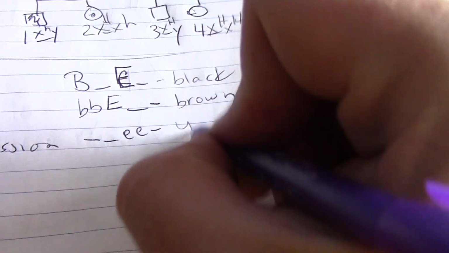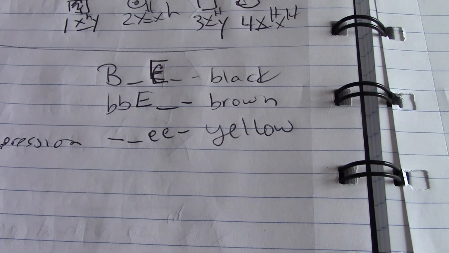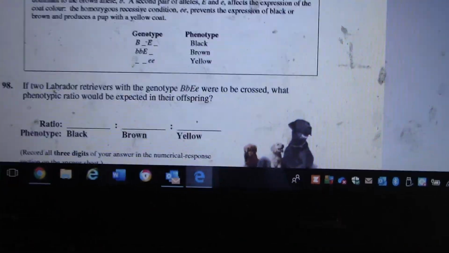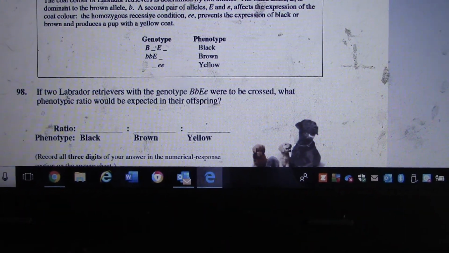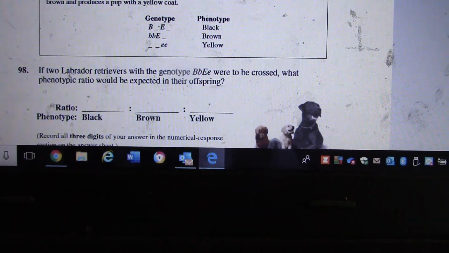And then it doesn't matter what the B alleles are, but if there's e in the homozygous recessive condition, then you have a yellow lab. So the question is asking, if two Labrador Retrievers with the genotype big B, little b, big E, little e were to be crossed, what phenotypic ratio would be expected in their offspring?